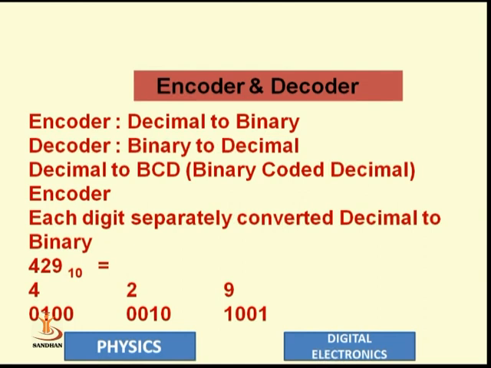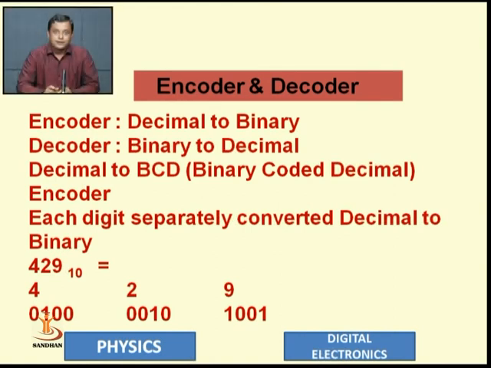As I said earlier, a computer or calculator is able to process digital signals. Now there are two types of conversions: analog to digital or digital to analog.